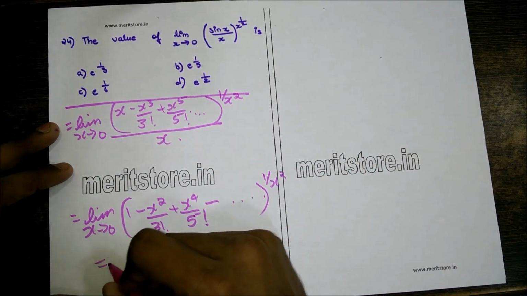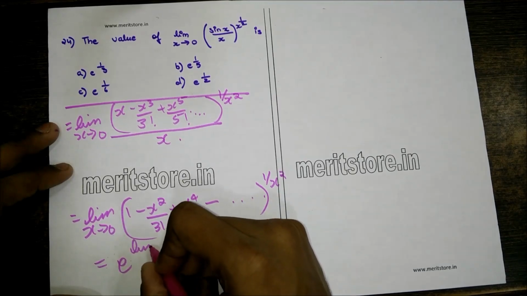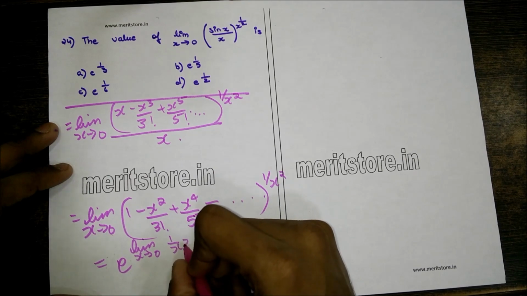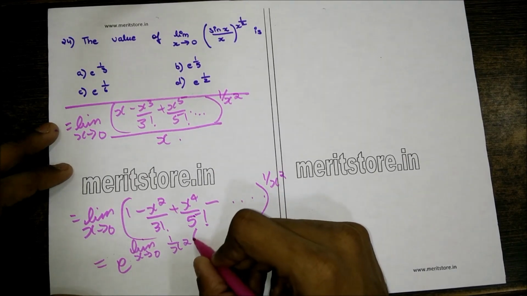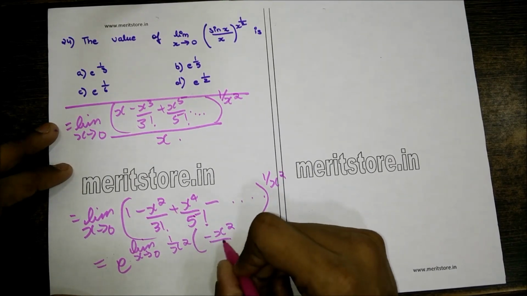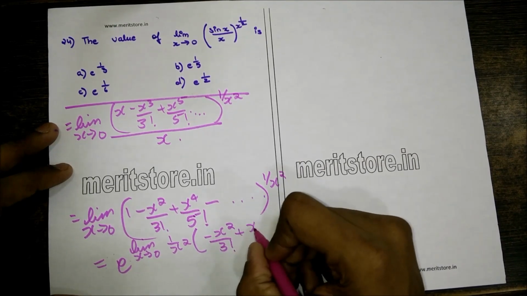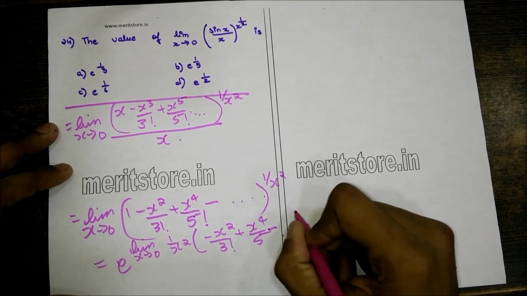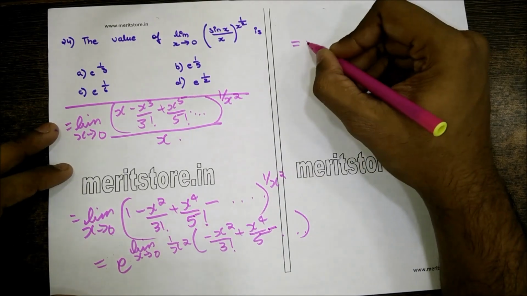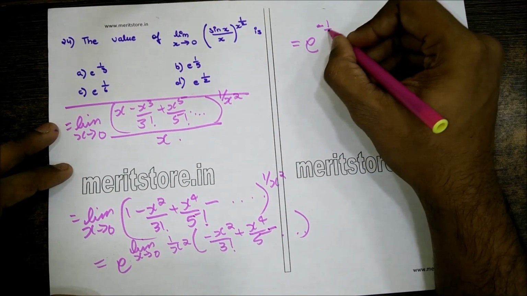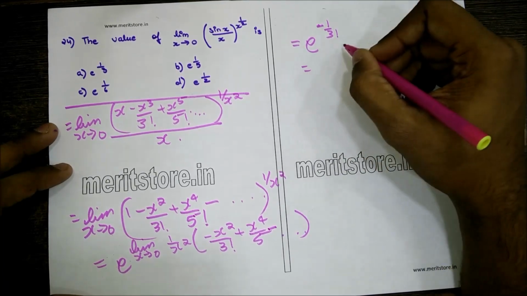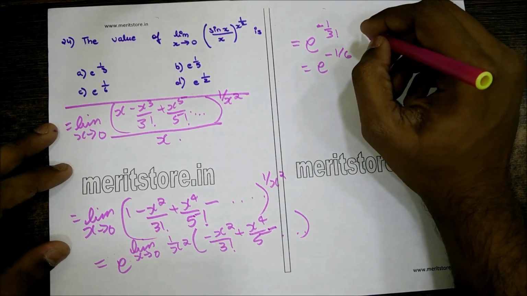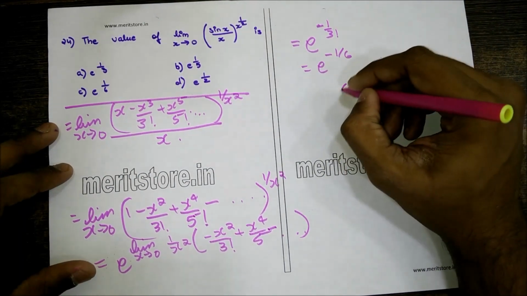Now this gives us e raised to limit of x tends to 0 1 by x square, take that common, into (minus x square by 3 factorial plus x raised to 4 by 5 factorial, minus, and so on). That is nothing but e raised to minus 1 by 3 factorial, that is e raised to minus 1 by 6, which is option C.